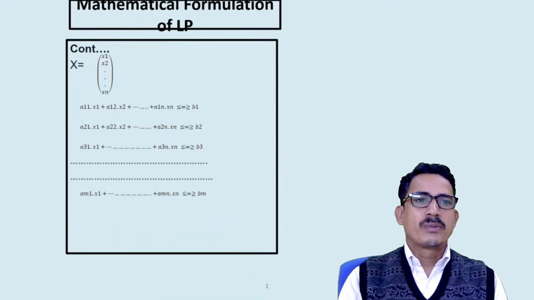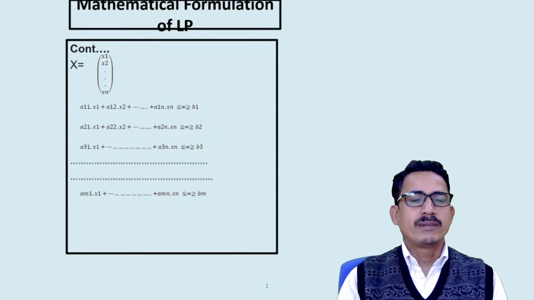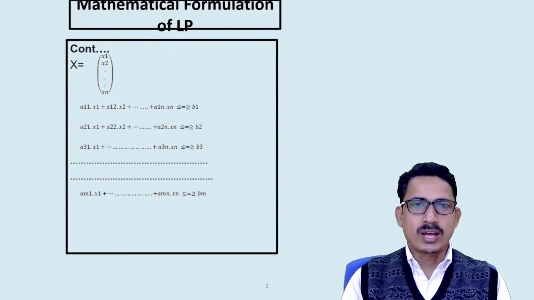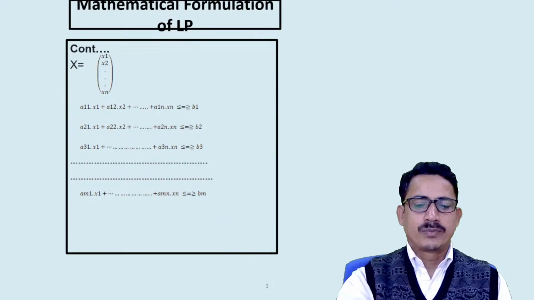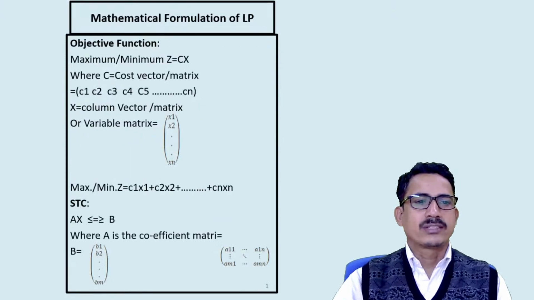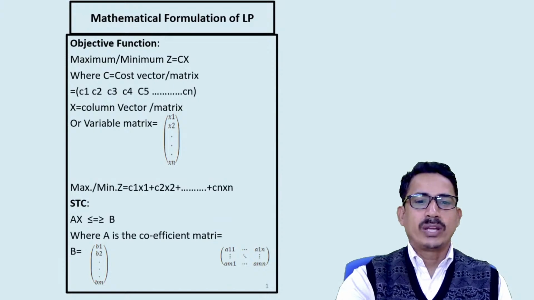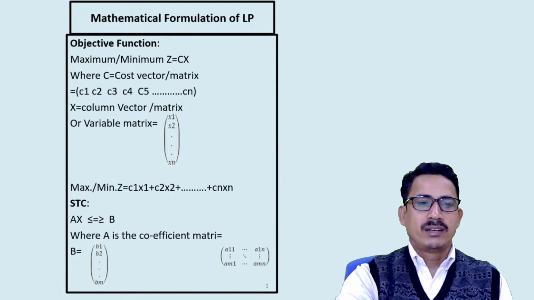Now coming to what is X. X is already defined, still I have written it: x1, x2 up to xn. Now if you multiply A with X, what result do you get? A is of order m cross n and X is of order n cross 1.